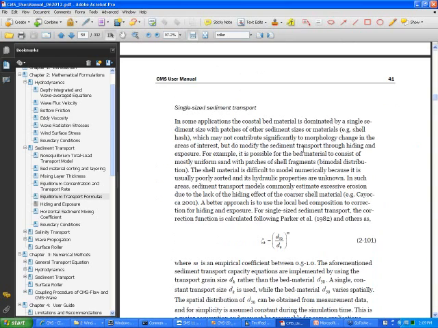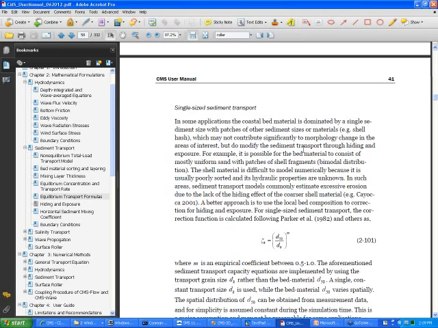As I mentioned in the beginning of the sediment transport section, it is possible to run CMS as a single-size sediment transport model. What that means is that you're only transporting one size class, okay? Because you need to solve a transport equation for each size class.